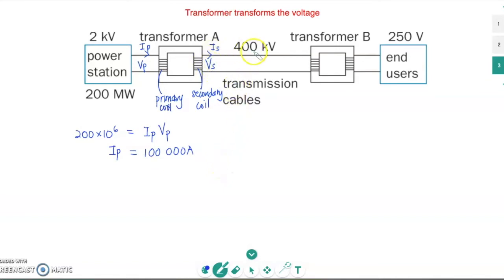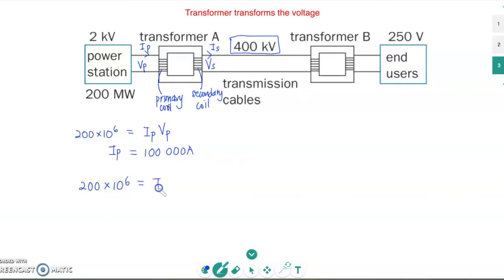Let's say the voltage is stepped up to 400,000 volt. Let's look at how much current will be flowing in the transmission cable. Remember conservation of power: the power at the secondary coil would be the same, so the power at the secondary coil is also 200 megawatt.